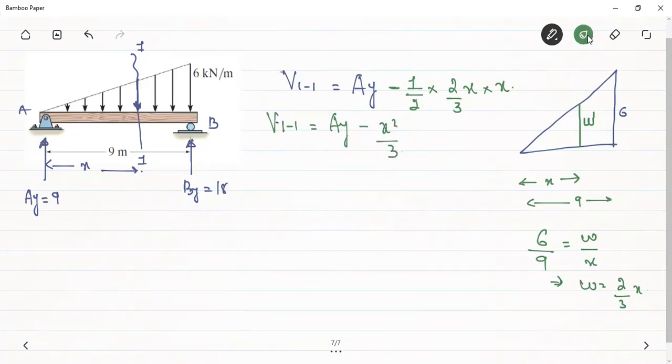So we can see that for the shear force at A, I have to take x equal to 0, which implies the shear force at A will be equal to AY, that is equal to 9 kilonewton.